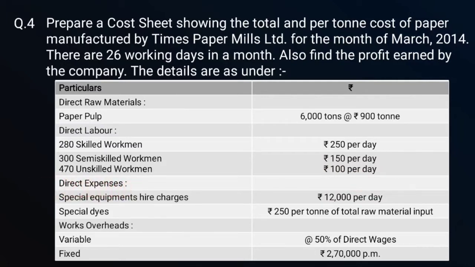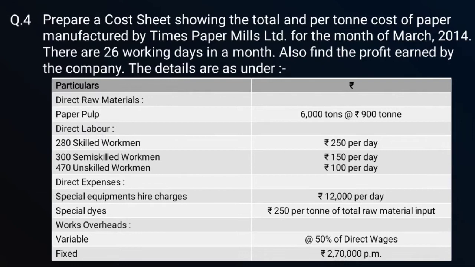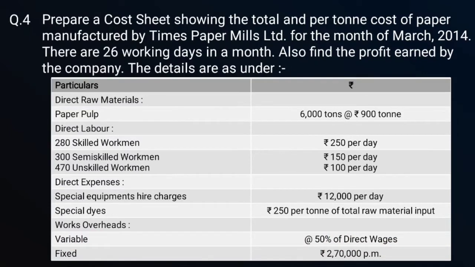Under direct expenses, special equipment's hire charges is given as rupees 12,000 per day. Special dyes rupees 250 per ton of total raw material input. Under works overheads, variable at the rate of 50% of direct wages. And for fixed overheads, rupees 2,70,000 per month.